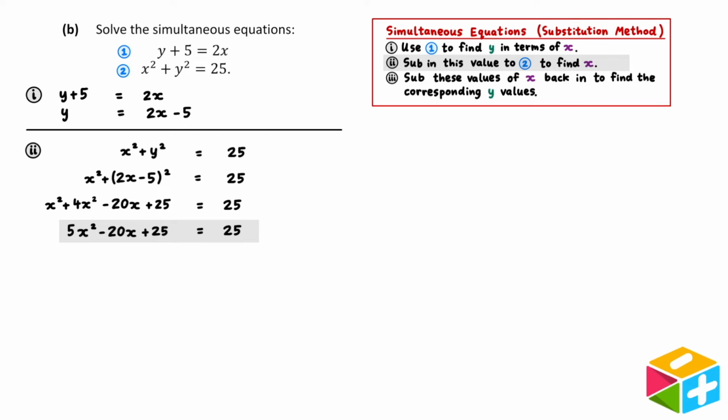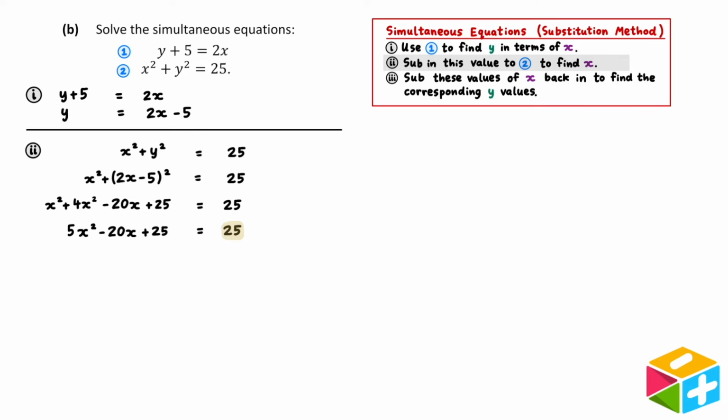When it comes to quadratic equations, it's a good idea to group everything on the left-hand side and leave a 0 on the right-hand side. So I'm going to remove this plus 25 from the right.